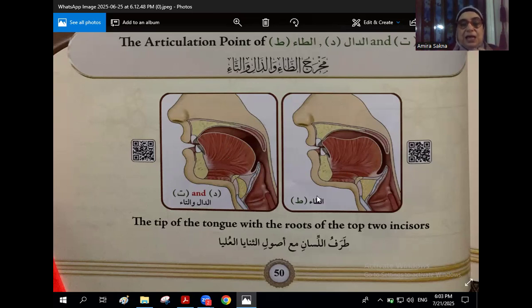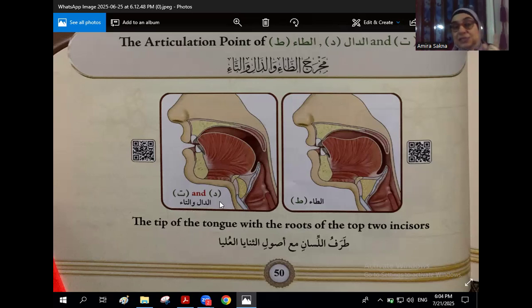I say ut, and I say ad. Ta is heavy, ad is light, at is light. And if you remember, we said both are light letters, okay? But they're different in their characteristics.